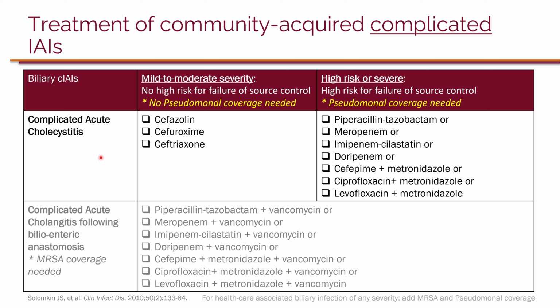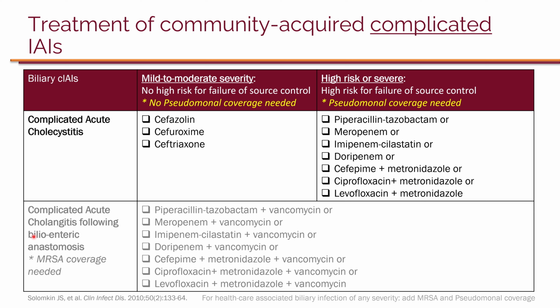Now, for cholecystitis, there's no need to cover Bacteroides specifically for these mild to moderate severity patients, and obviously no Pseudomonal coverage. For high-risk patients, there is a need to cover Bacteroides as well as Pseudomonas. So piptazo, carbapenem, cefepime plus metronidazole, or fluoroquinolone plus metronidazole.